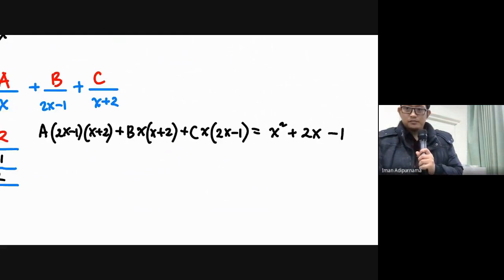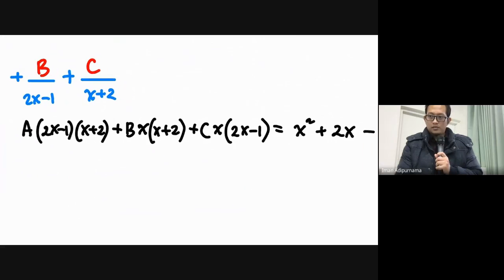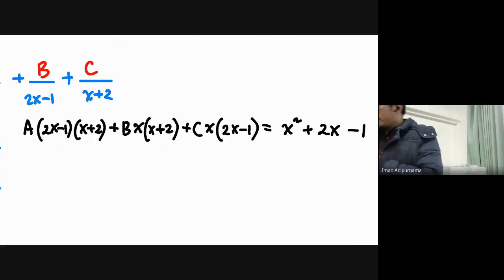Okay. And then we need to solve this long equation here. We are equating the a, b, c, each of them with each group: x squared, x, and the constant. Okay.